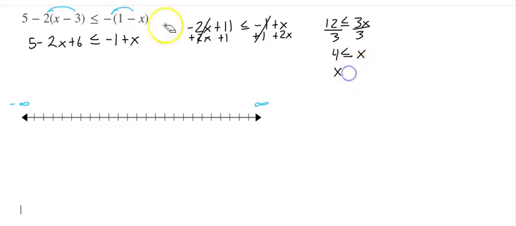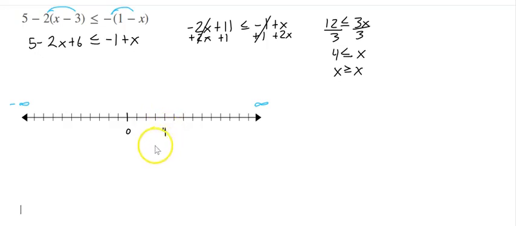let me rewrite that. I did that wrong there. Got to keep the alligator mouth facing toward that variable. X is still greater than or equal to 4, so it doesn't really matter where you put everything on this. Remember what I said, if you put a 0 right here, we can go 1, 2, 3, 4.